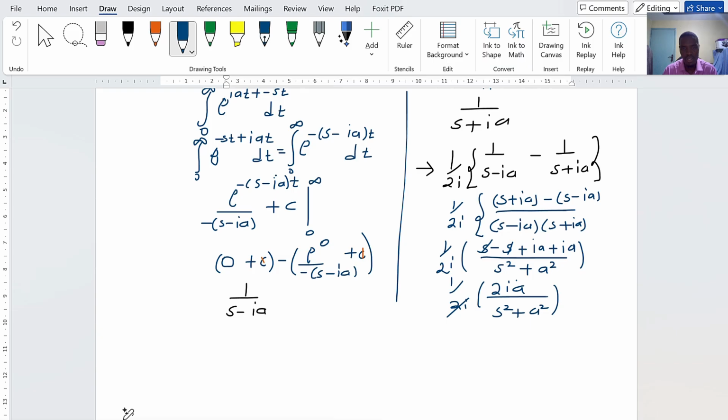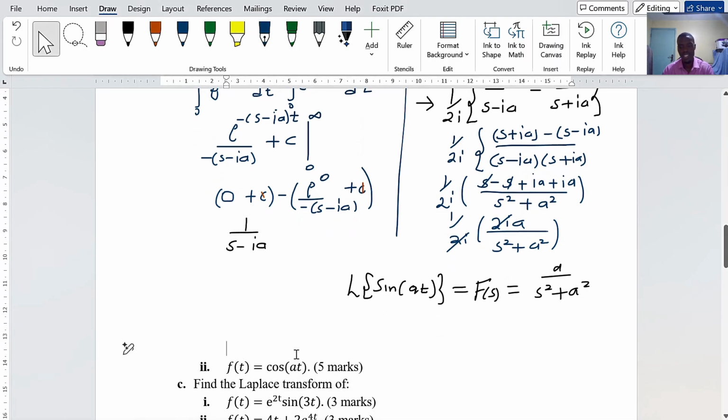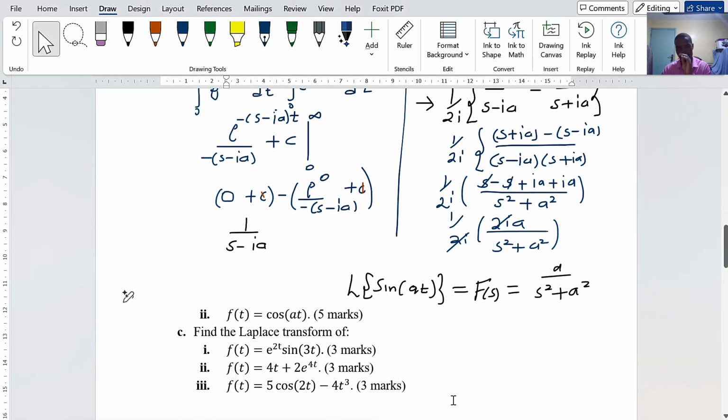Now this cancels that. So the answer for our function, the Laplace transform of sine at, which we were asked, is simply F of s, which is just a over s squared plus a squared. Long journey, but we have it.